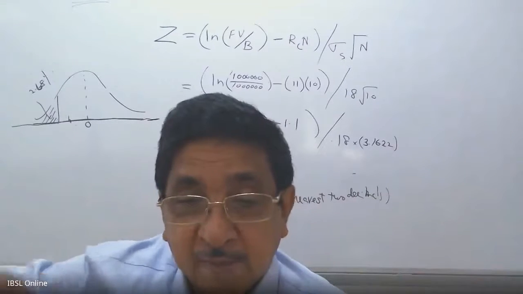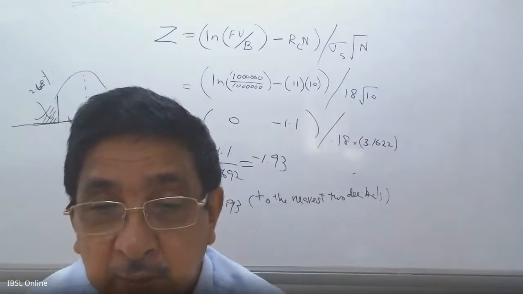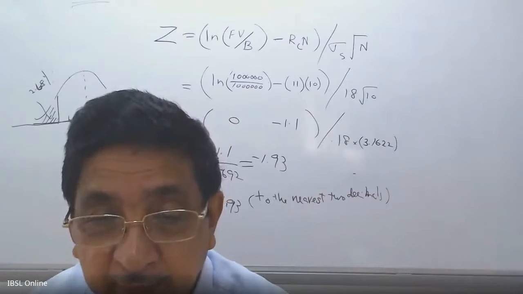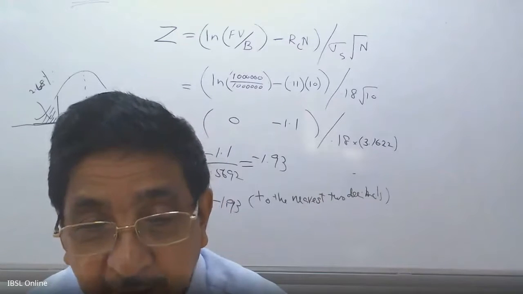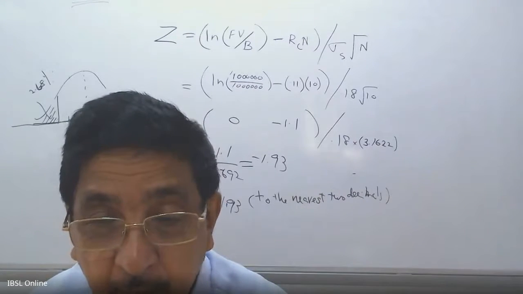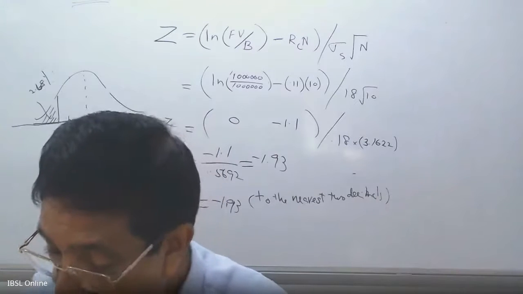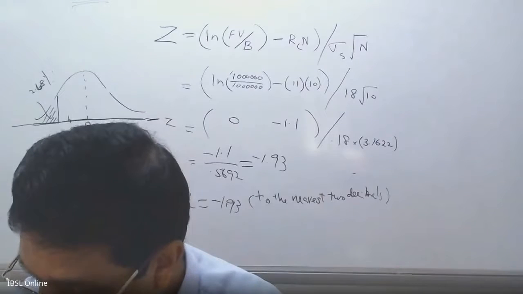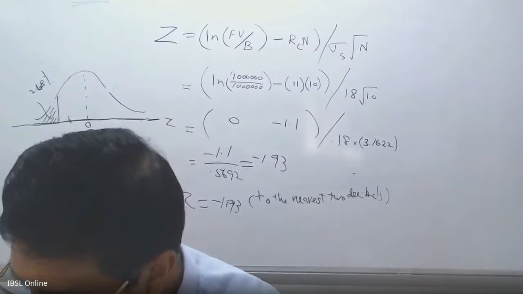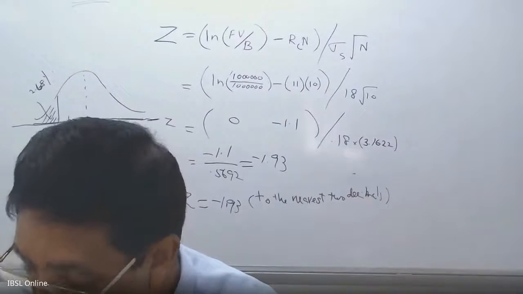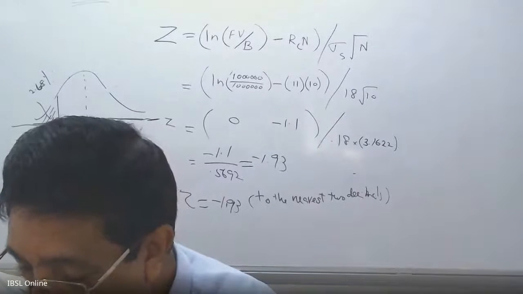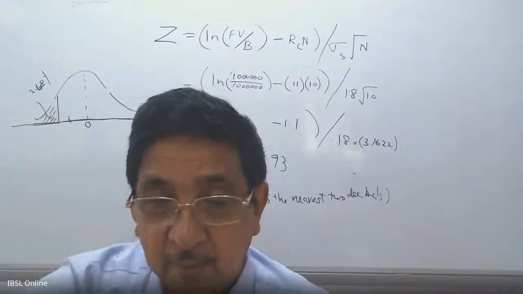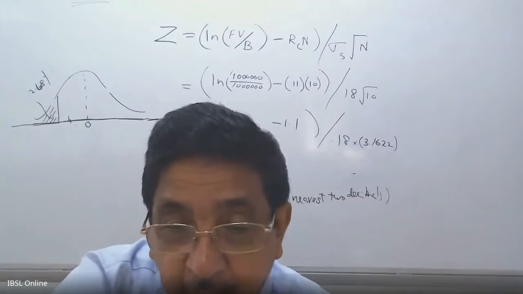It should come this way: 13.2 minus 6.2, that is 7, divided by 9.86. It comes as 0.709, just 0.71 for Lotus. Good.